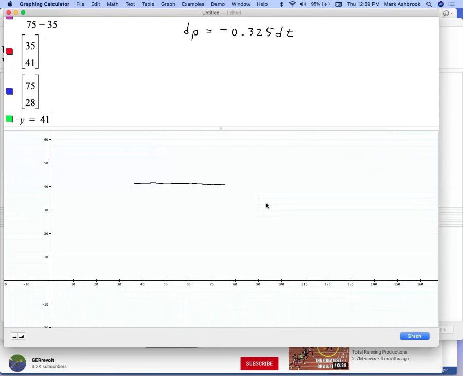What if I hit graph right now? That would just graph y equals 41. It won't be between 35 and 75. So it'll show what? The entire line, right?